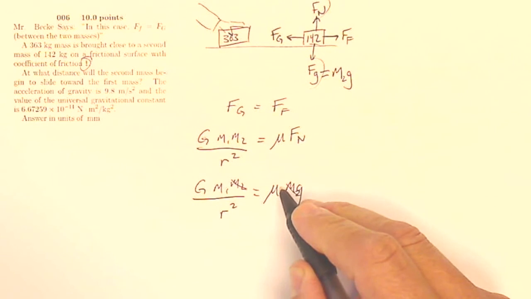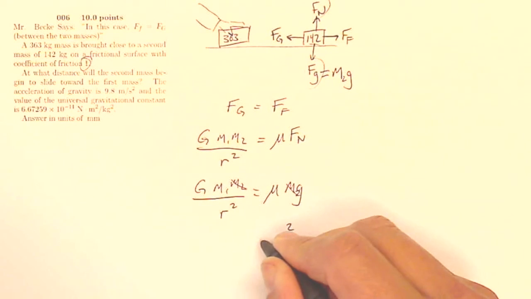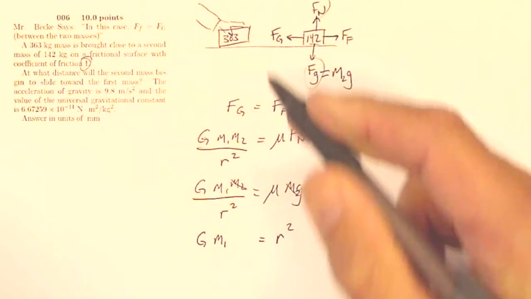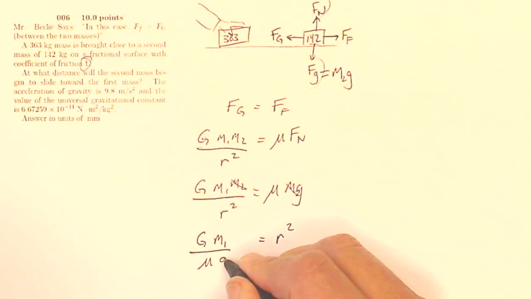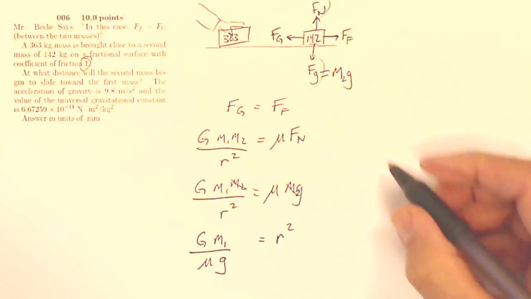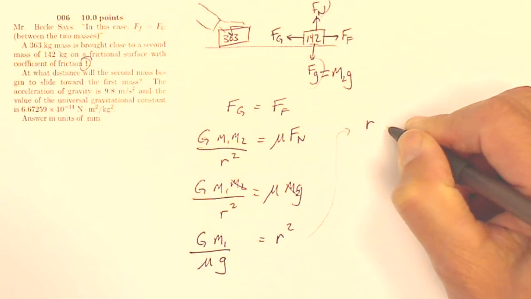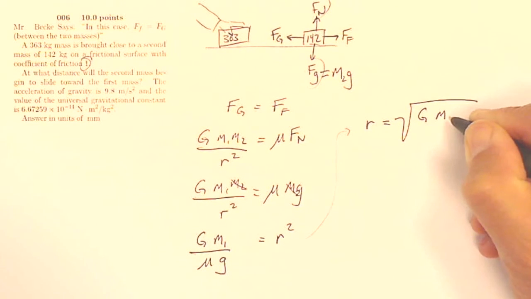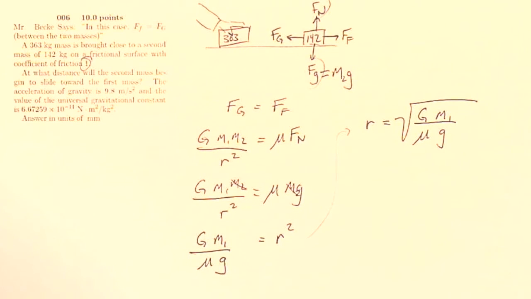If I multiply by r squared and divide by mu g, I get r squared equals G times the mass on the left, which I called mass 1, divided by mu times the acceleration of gravity, g, which is 10. So my distance between them when they're equal is going to be the square root of G times my mass on the left divided by my mu times the acceleration of gravity.